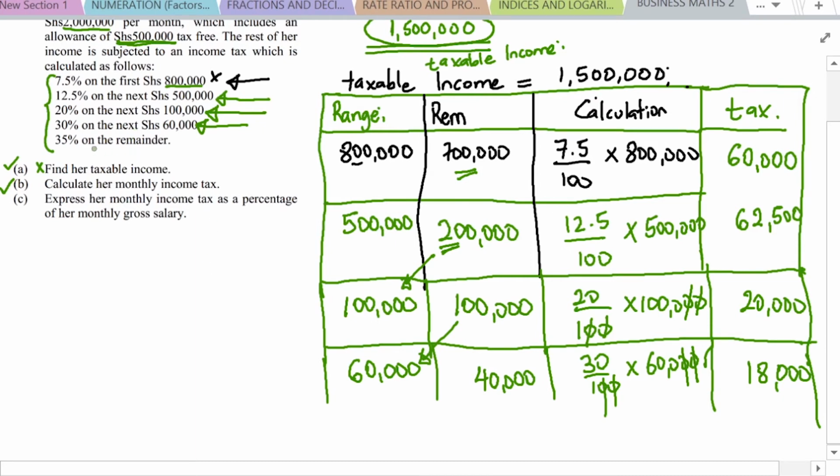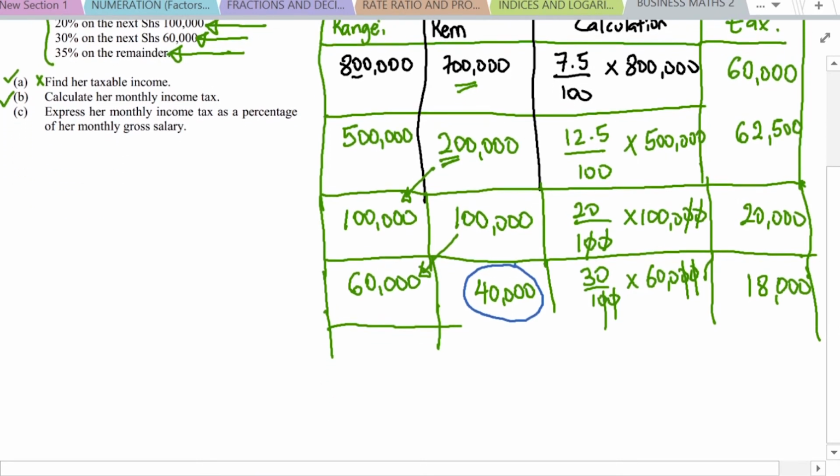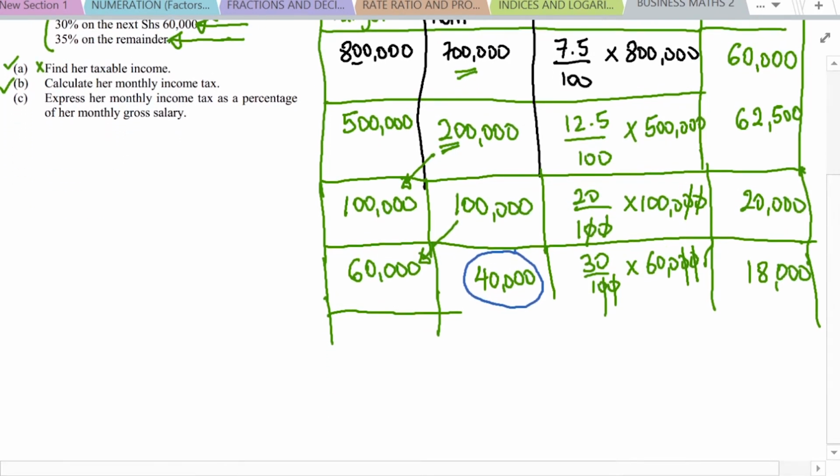Then from there, the question says that on the remainder, 35% is taxed. So we shall go ahead and look at the remainder. This is what remains here. The 40,000 is what remains. And that remainder, they're telling us that it is taxed at 35%.